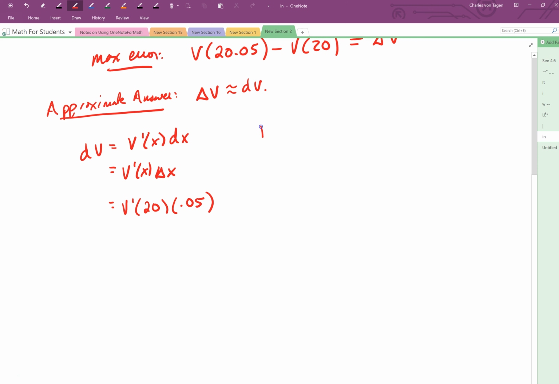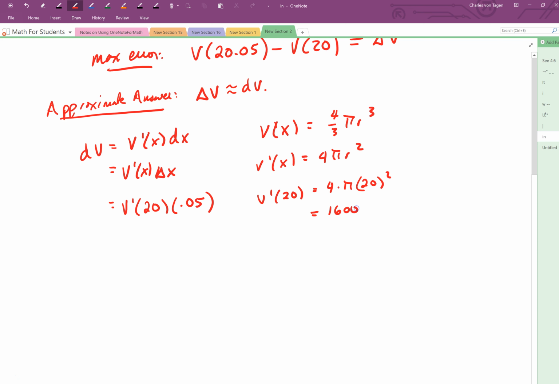Let's rewrite it one more time. The volume of the sphere was 4/3 pi r cubed, so the derivative of that will be 4 pi r squared. If I calculate V prime of 20, I get 4 times pi times 20 squared, which is 400 times 4, which gives me 1600 pi.